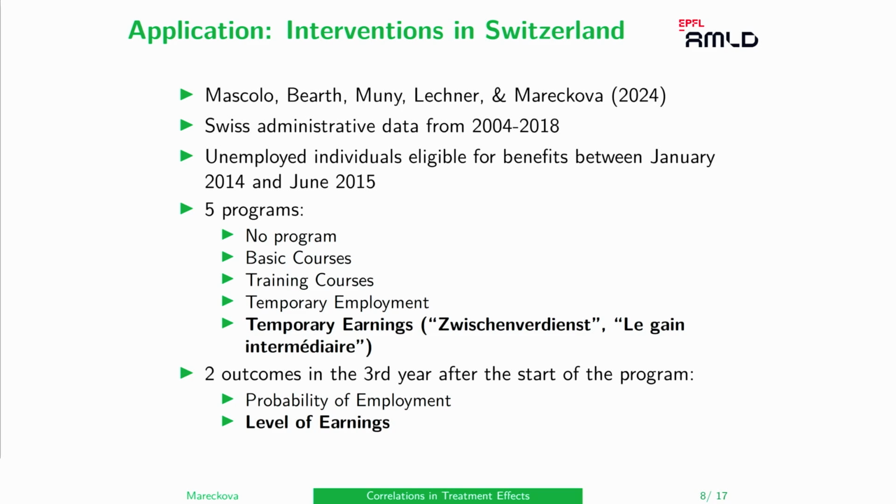And we look at two outcomes, which are probability of employment and level of earnings in the 3rd year after the start of the program. And again, for the lack of time, I'll just show the results for the level of earnings.